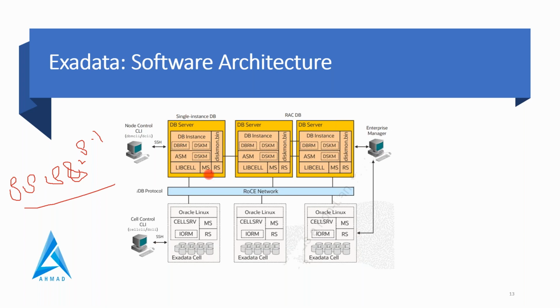Each database server is individually managed with DBMCLI, and DBMCLI can be used only from within a database server to manage that server. However, you can run the same DBMCLI command remotely on multiple nodes with the DCLI utility. So for multiple nodes you have the DCLI utility; for a single database server, you have DBMCLI.